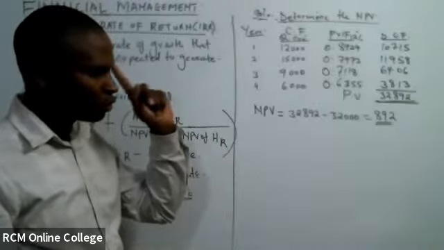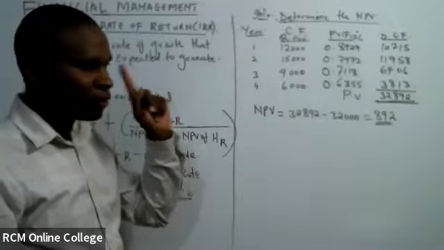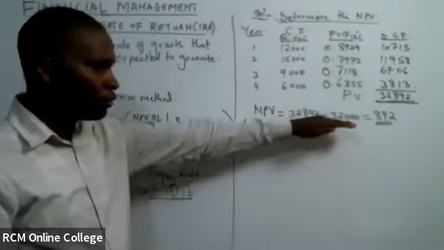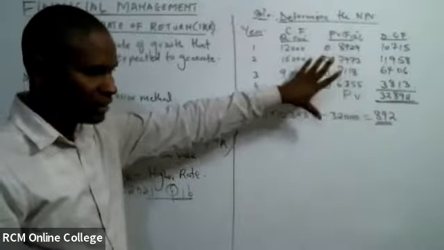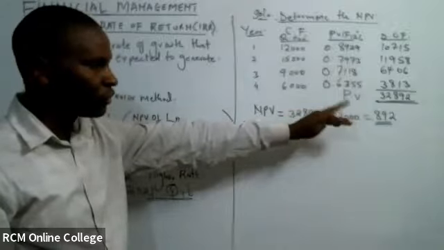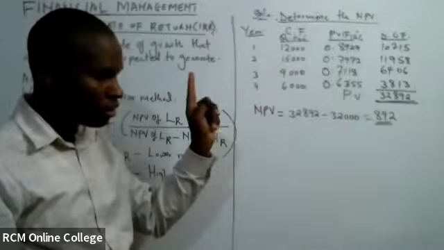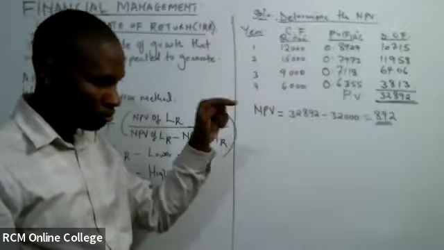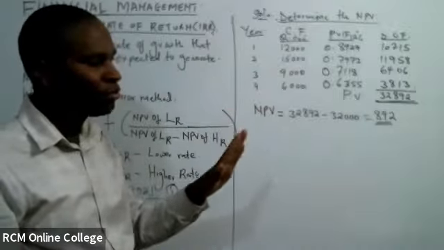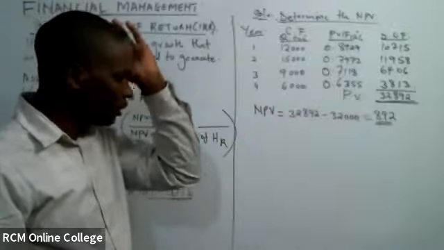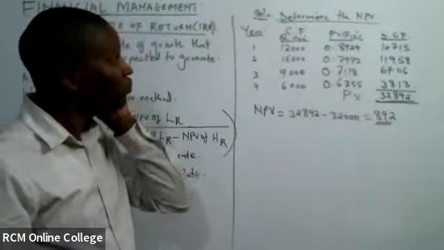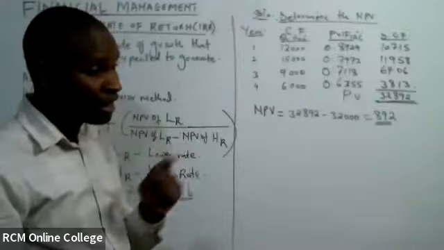We increase the cost of capital. Exactly. If you compute in the first juncture and get the positive, you increase the cost of capital. If we had gotten negative there, what would we do to the cost of capital? Lower it. Just know that. So in our case here, we want to get either a negative or zero NPV.